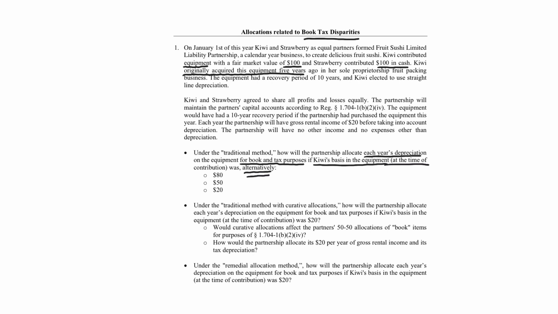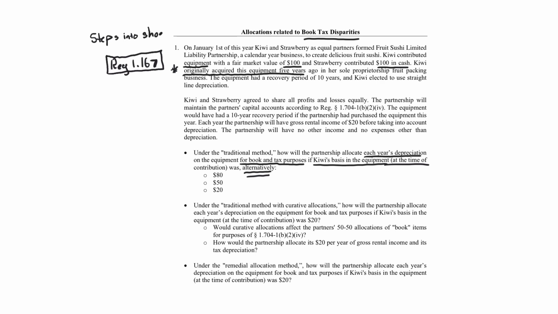Well, there's a special rule found in the regs for depreciation. We'll just say the Section 168 regulations say that the partnership comes in and steps into the shoes of the contributing partner in terms of depreciating.